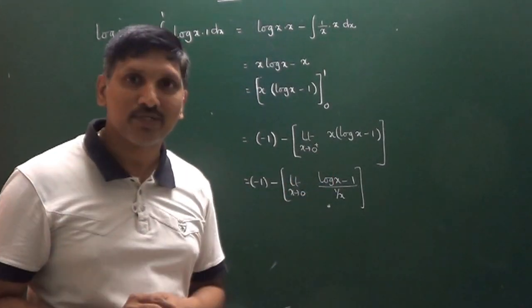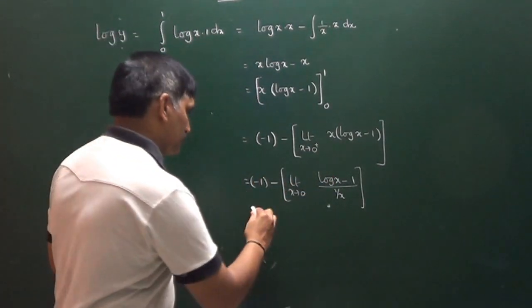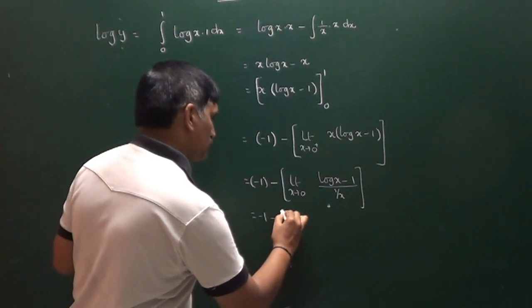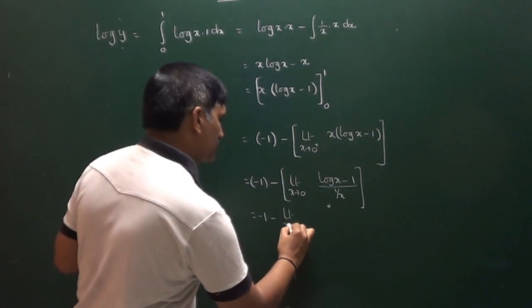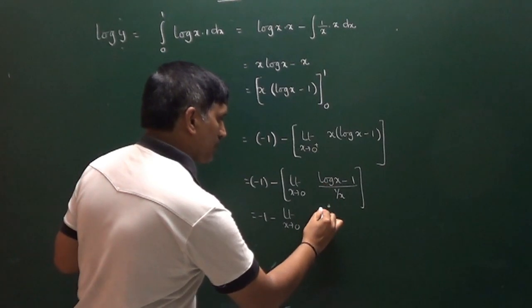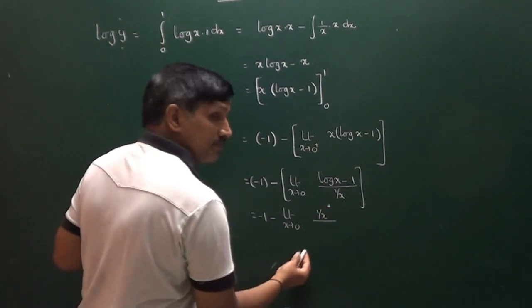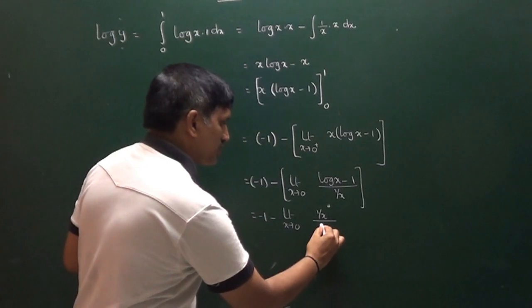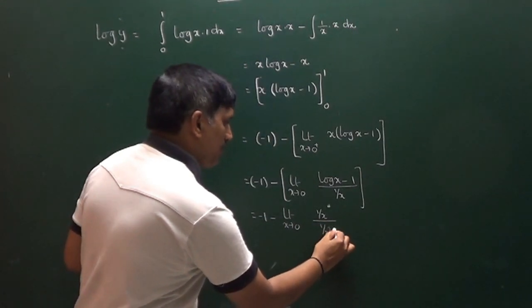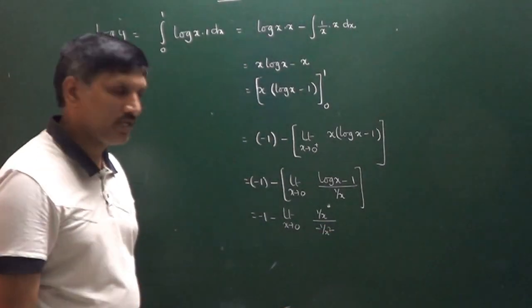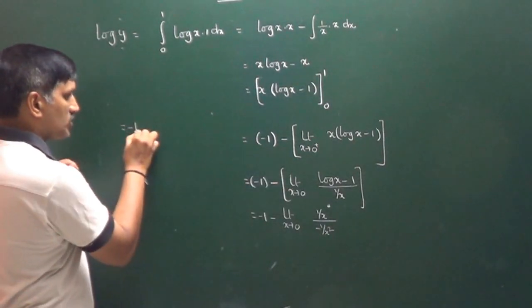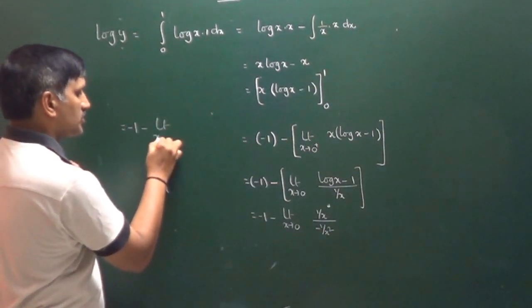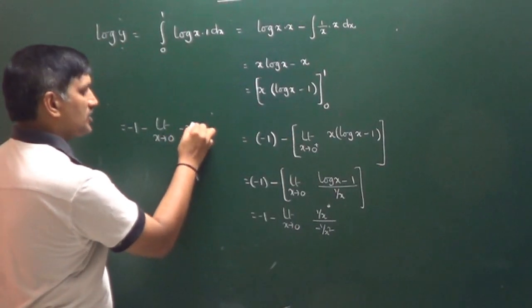Can we apply L'Hospital's rule or not? Come on, apply L'Hospital's rule. That equals minus 1 minus the limit as x tends to 0 of the differentiation of log x, which is 1 by x, over the differentiation of 1 by x, which is minus 1 by x square. So we get minus 1 minus the limit as x tends to 0 of minus x.